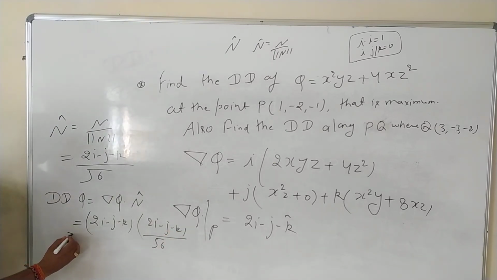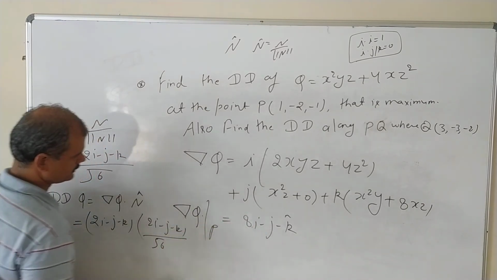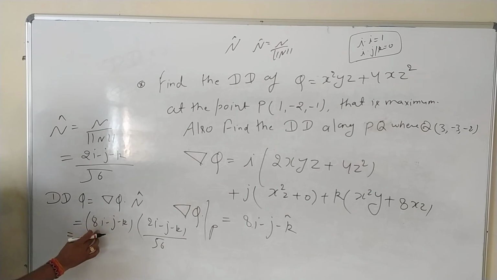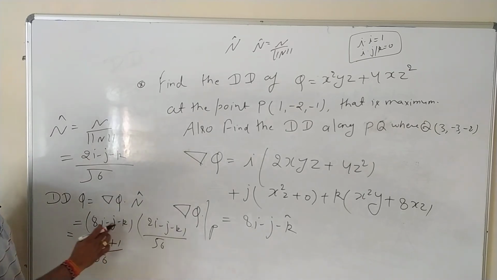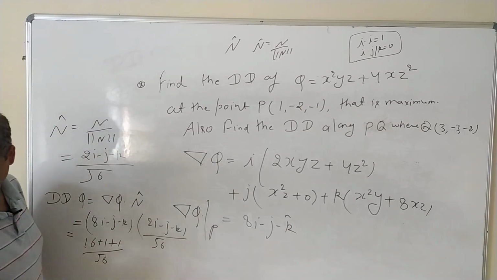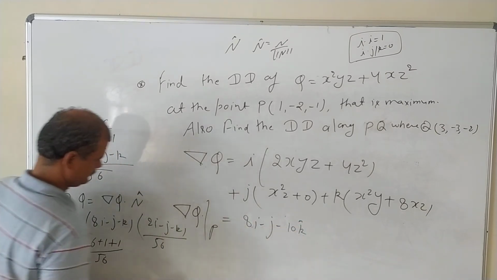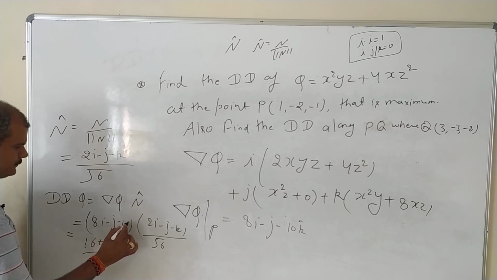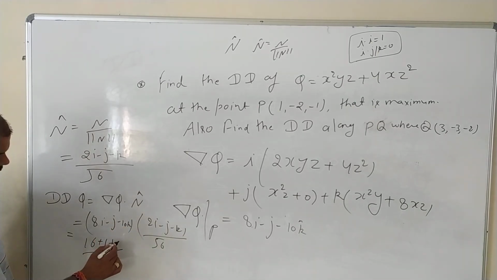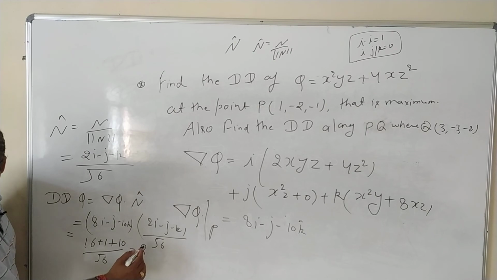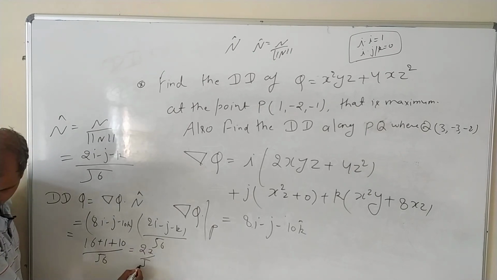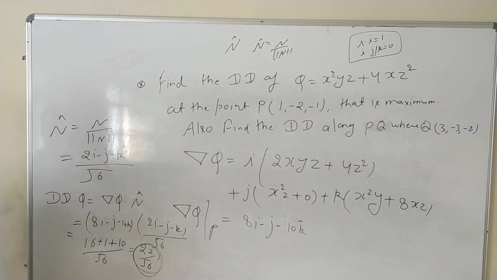So now 16 plus 1, and this is 10, so 10 we get. So we have 27 by root 6.